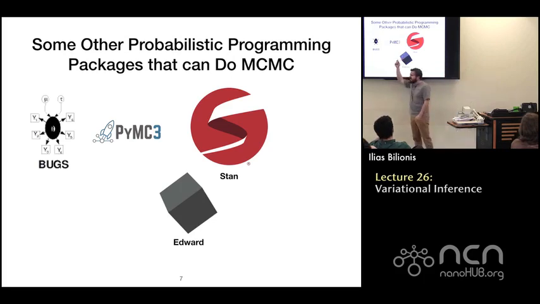In PyMC3, basically what you define is the computational graph of your model, okay, but it's hidden from you completely. You don't even realize that you're doing that. The syntax is very similar to PyMC2, but because it uses this computational graph, it can take derivatives.